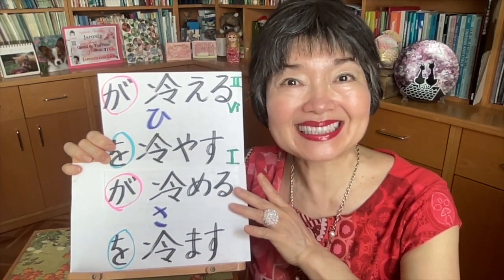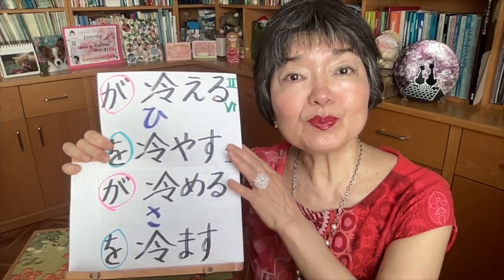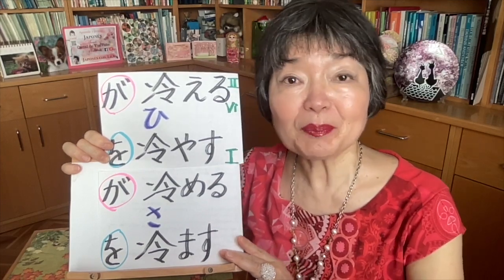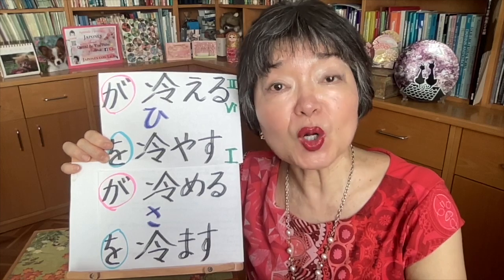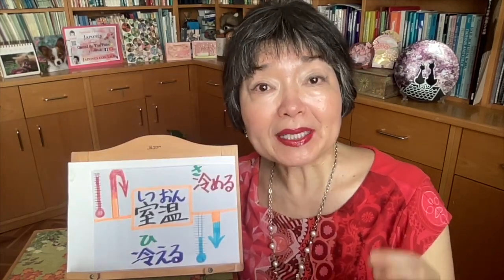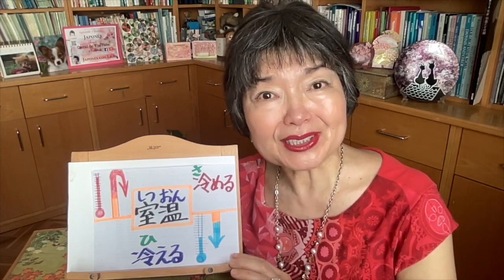Both are the same translations. And in transitive verbs, を hiyasu, を samasu, in both cases, you say in English like to make something cold. So in both cases, it means to become cold, to get cold. But the difference is in the temperature.